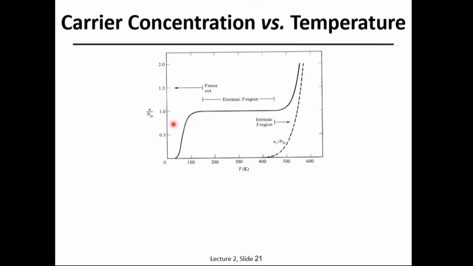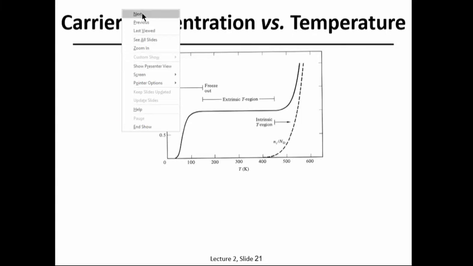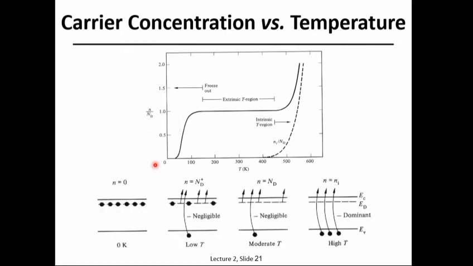The axes are a function of temperature, and here it is the concentration with respect to Nd. From this curve that we obtained, we started from 0, so at T equal to 0, n equals 0, which means there are no electrons in the conduction band.